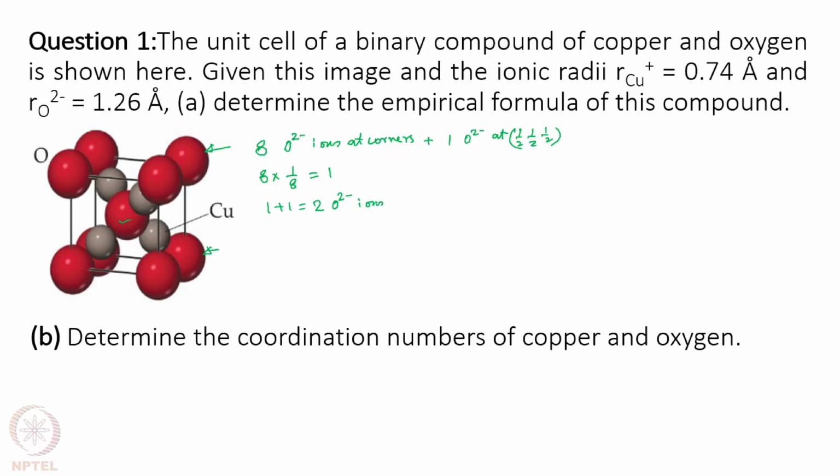ions in the unit cell, and it is clearly visible that there are 4 copper ions, Cu plus ions, at alternate one-fourth type of sites, which means if it is there at 1/4, it is not there at 1/4, half, 1/4, things like that.